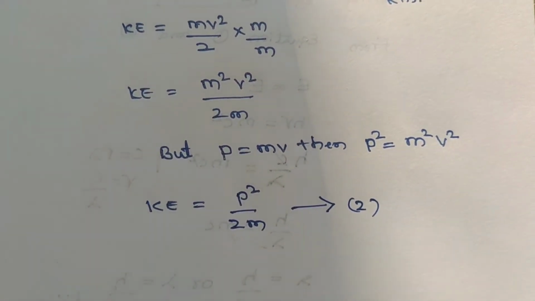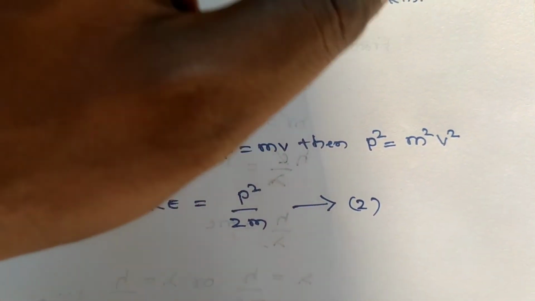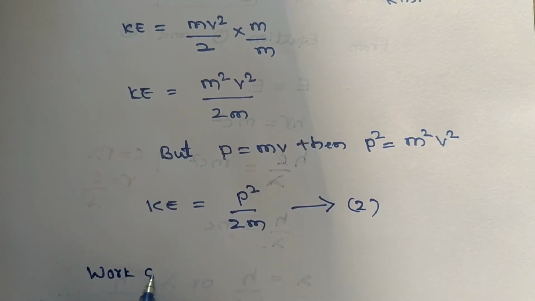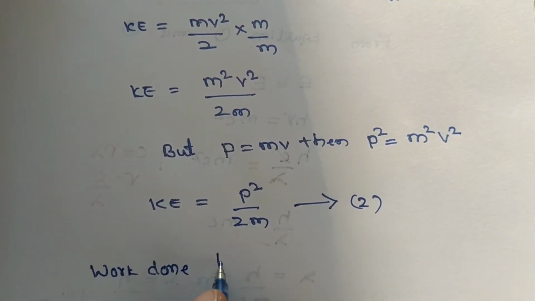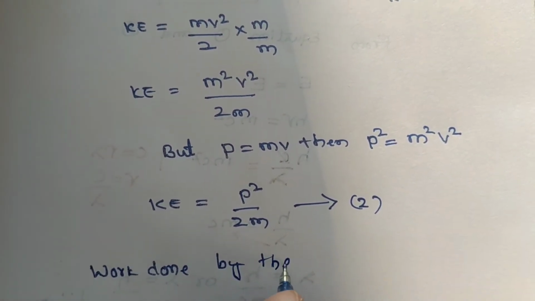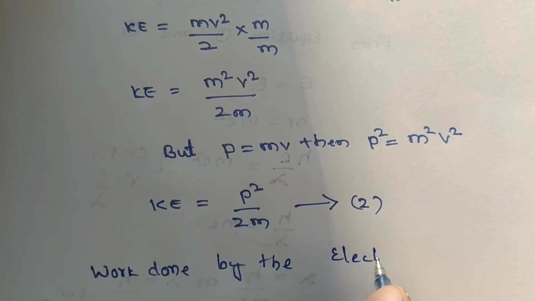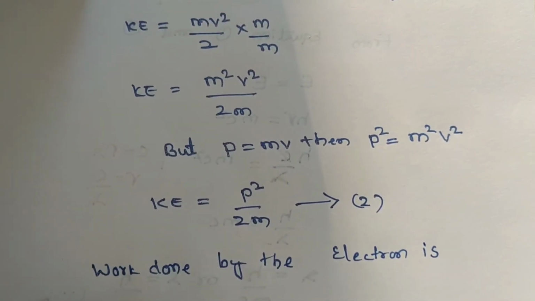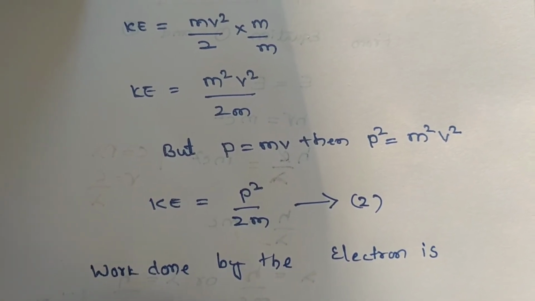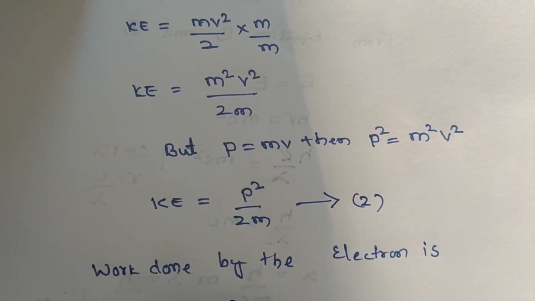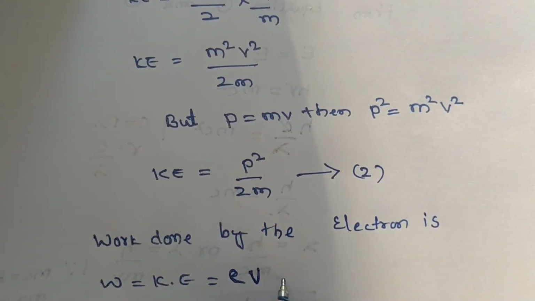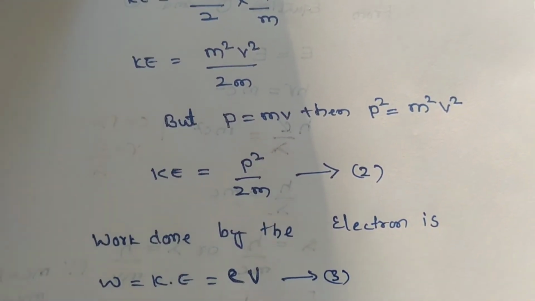Then, we already know the work done by the electron: W is equal to kinetic energy is equal to eV. Equation number 3.